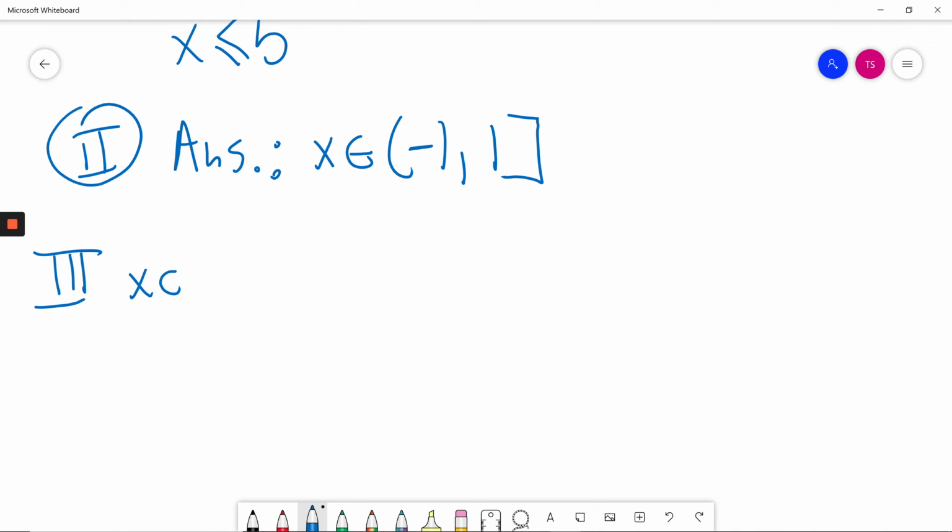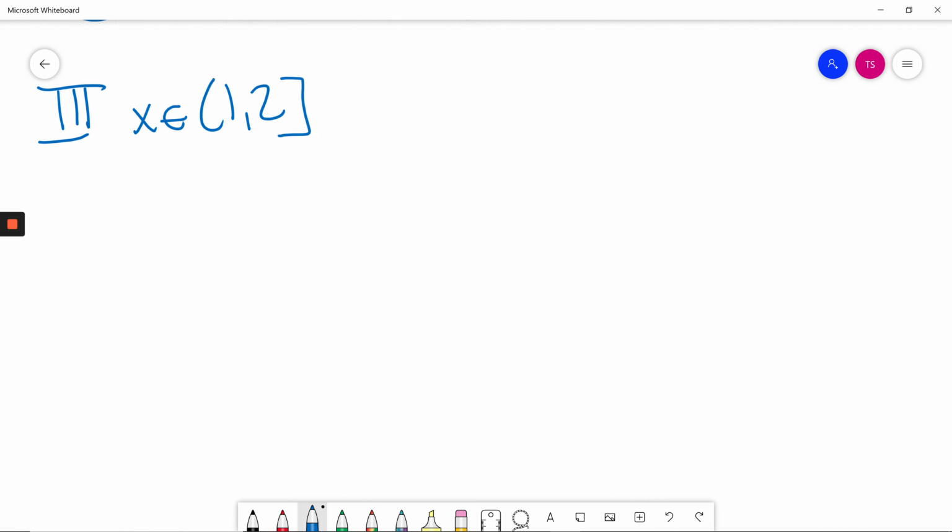So now I will solve the inequality in interval 3. X belongs to from 1 to 2. The inequality will look like this.